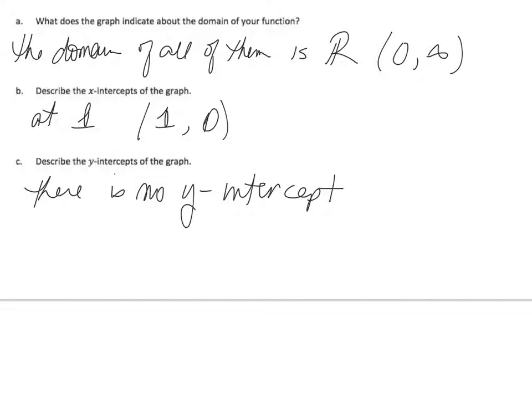For the y-intercept, the x value is 0, and I can't take the log of 0. It's not a valid log. You can't take the log of 0, just like you can't divide by 0. So that's why there's no y-intercept on the graph, or any log graph for that matter.